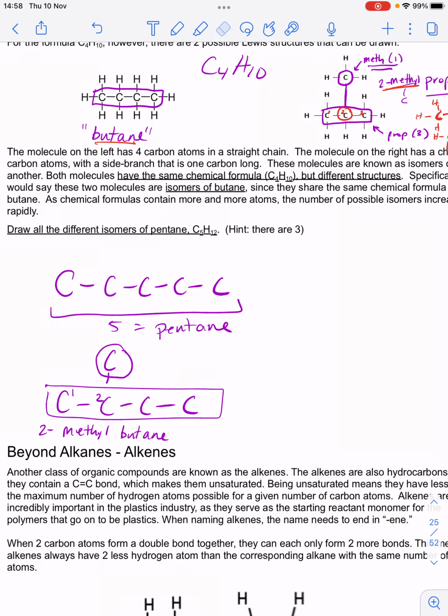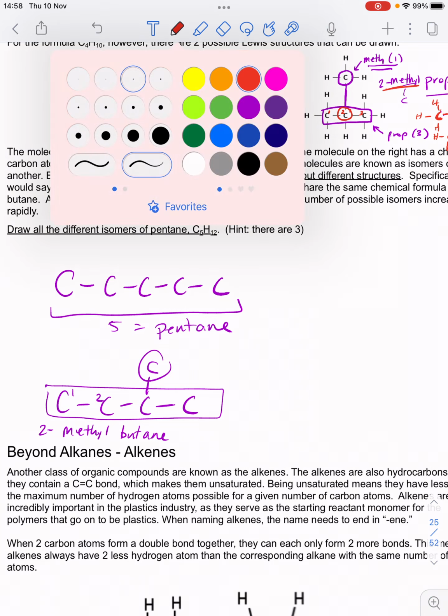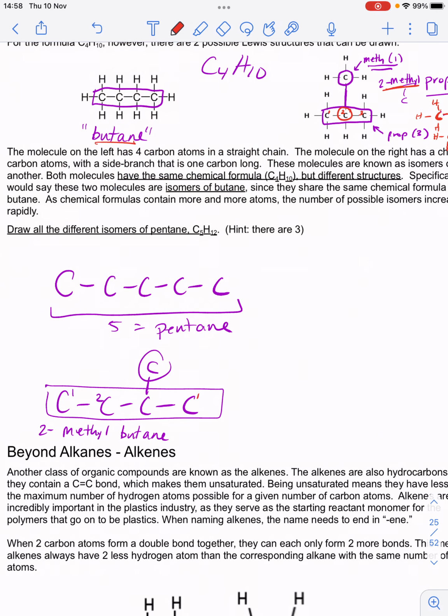Now you might say, okay, well, couldn't I add it over here? Can I add it to 3? And you sort of can, right? But I would say that's actually the same molecule. It's just been flipped around. And the way I know is that if I number from this end instead, 1, 2, it's still on the 2nd carbon. Let me do that numbering again so it's not in the same color scheme.